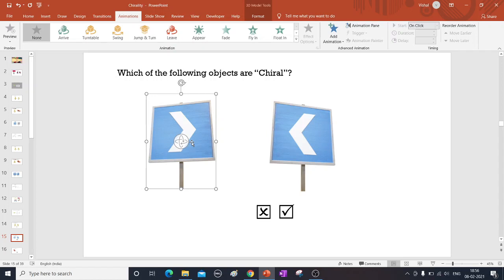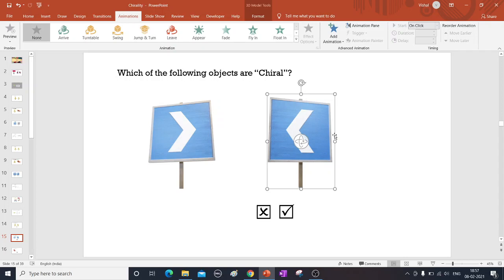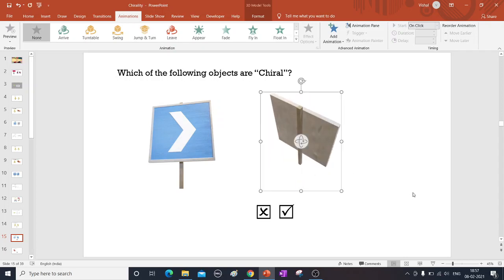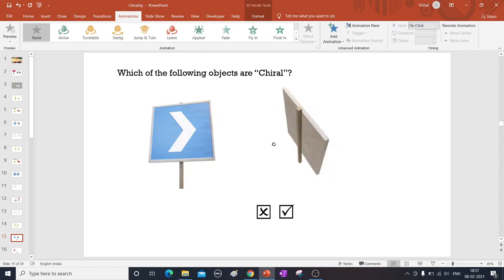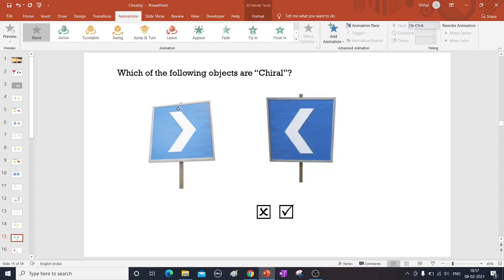That is very interesting, because once you have adjusted, this signboard is the mirror image of the other, and now if you flip it around, then it's still the mirror image of the other, but it has been rotated, right? So these are mirror images of each other, and you can try to superimpose them. They will not get superimposed, and this is an example of a chiral object, right?